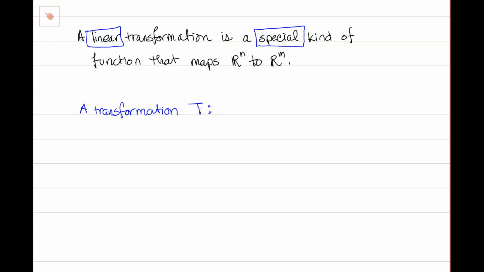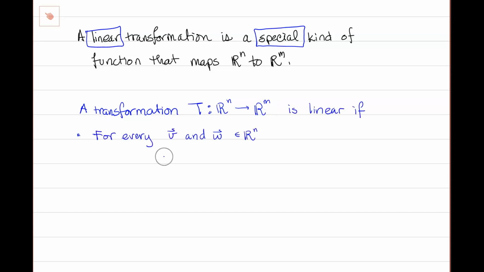So let's call our transformation T. It's going to take vectors from Rn and map them to Rm. And these are the two conditions. So if we take any two arbitrary vectors v and w from this n-dimensional space that's the domain, and then apply the transformation to their sum, we should get the same thing as if we applied the transformation to those pieces individually and added them up.